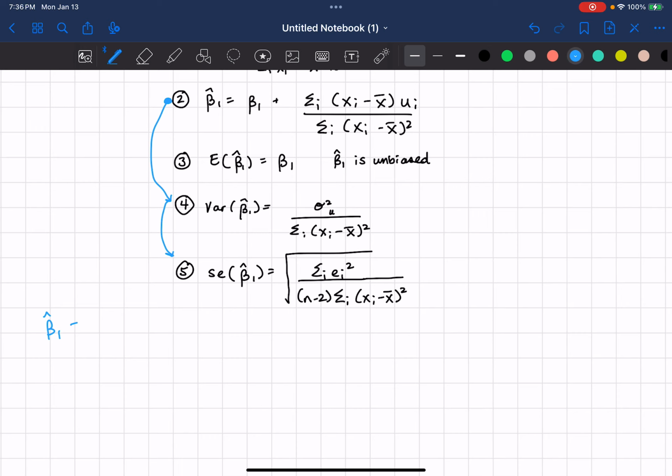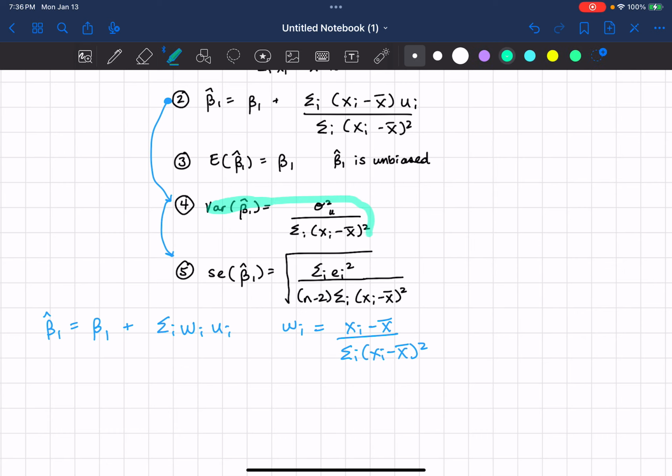So we said that beta hat 1 was equal to beta 1 plus sum over i of wi ui, where wi is xi minus x bar over sum over i of xi minus x bar squared, where we're thinking about w as the weight of the observation. And then my objective is to first show this is true.